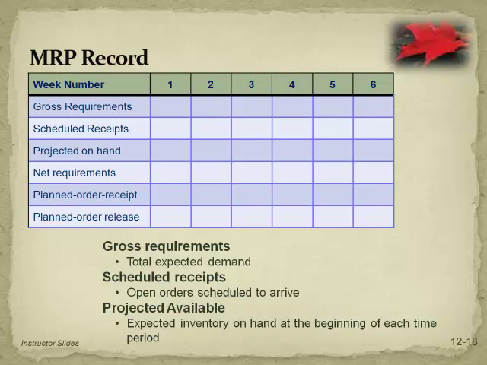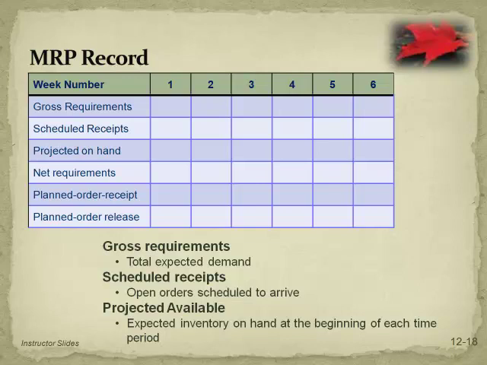The other breakthrough was the concept of projected available, that we could calculate what the inventory will be at any future date. And as long as that projected inventory is either a positive value or 0, we are okay.